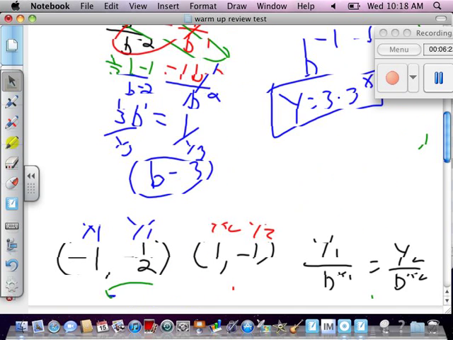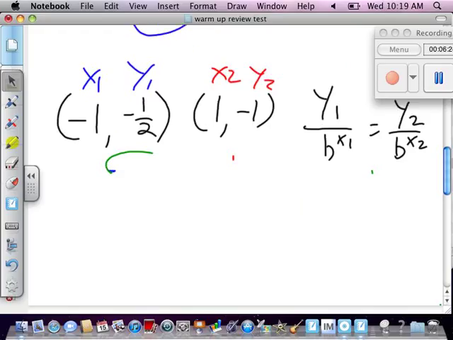Let's do another one. For this one, we're going to do the shortcut. You are going to come up with a really funky decimal for this one, just warning you. So we're going to get -1/2 over b to the negative 1.